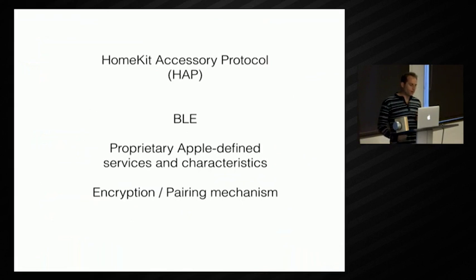There is also a heavy encryption and pairing mechanism that Apple has. They have a lot of encryption and a way to set up a device where basically every device comes with a code. And when you set up a device with iOS, the camera just reads the code.